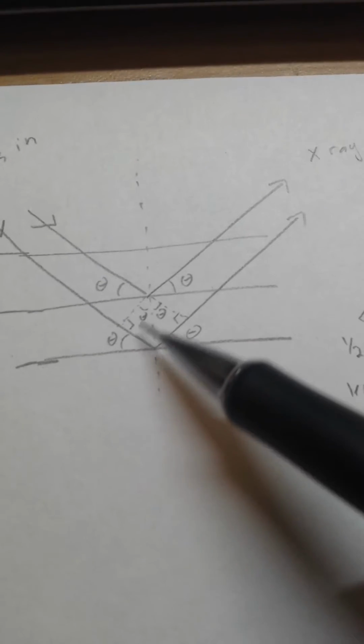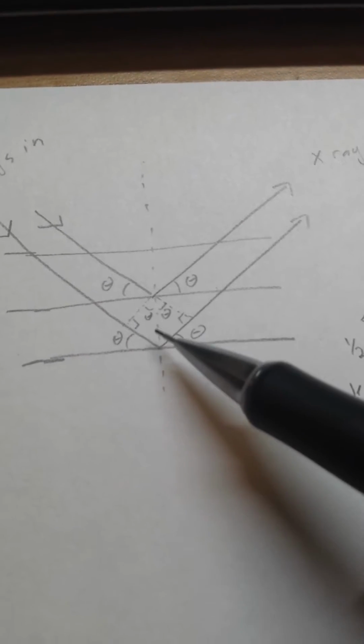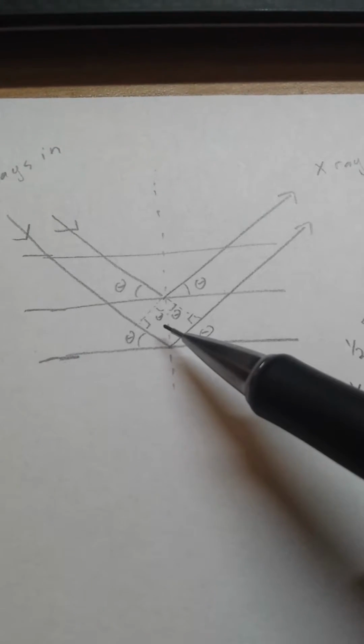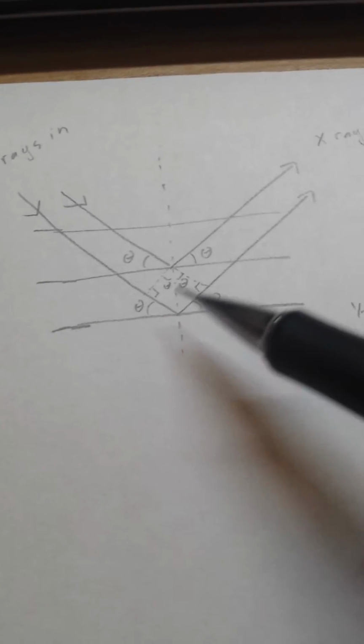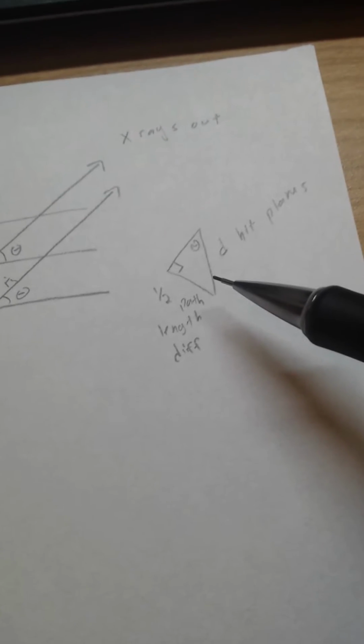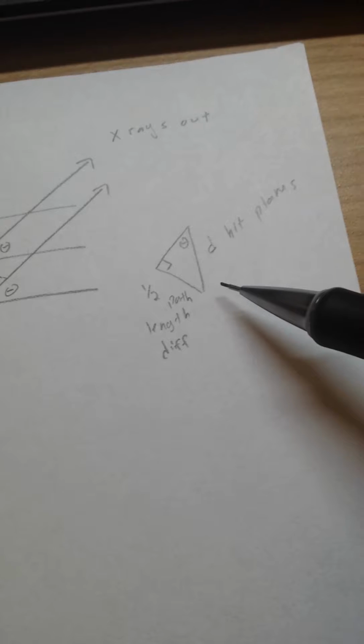This triangle right here is the difference between the two waves, which represents the distance between the planes, which is the D-spacing.